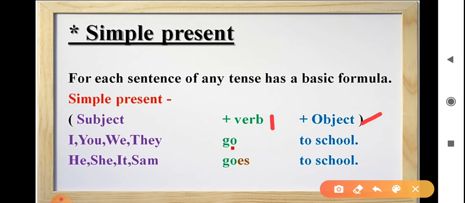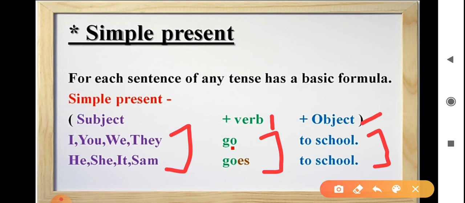I go to school, you go to school, we go to school, they go to school. Take second one. He goes to school, she goes to school, it goes to school, Sam goes to school. All these four are subject. Go and goes are verb and to school is object according to the formula.